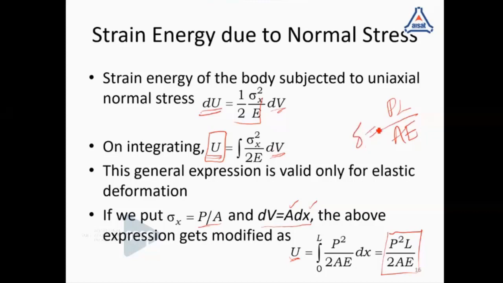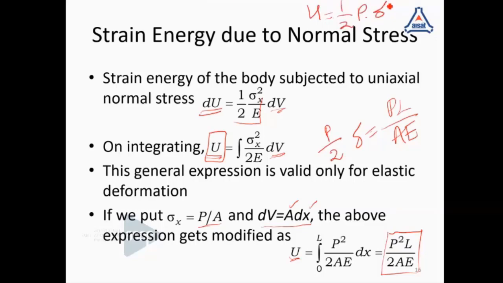You studied this in AMOS. PL by AE is a deflection. Now the energy is given as P square L by 2AE, and P by 2 is there. So you can write U is equal to half of P into delta.